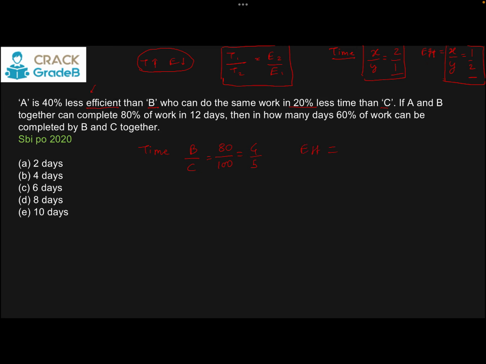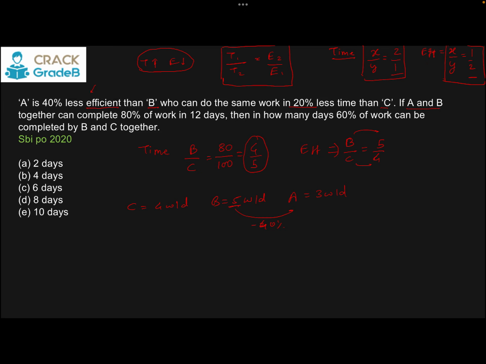That means the efficiency-wise ratio is going to be the inverse of this, that means 5 upon 4. So you can directly say that if C does 4 works per day, B will be doing 5 works per day. And A being 40% less efficient than B, 40% less than 5 is 3 works per day. So A will be doing 3 works per day.